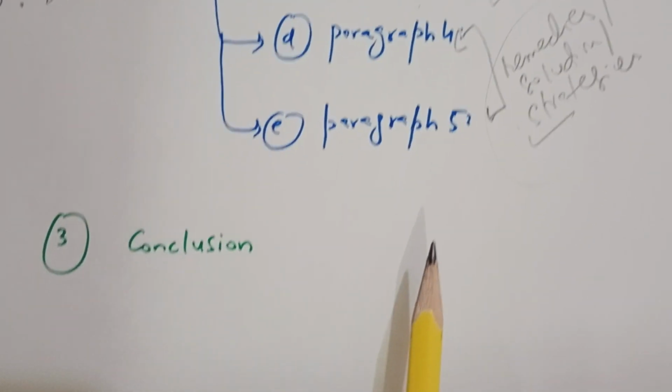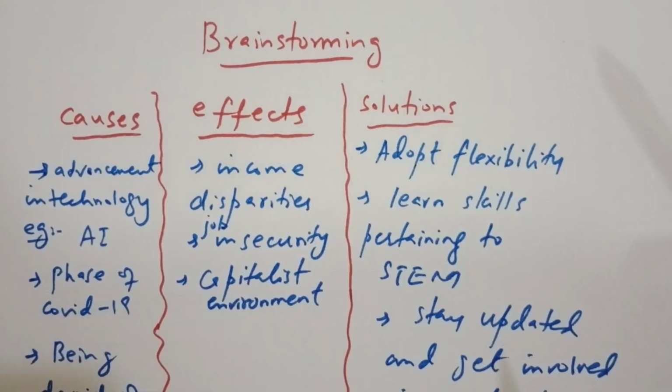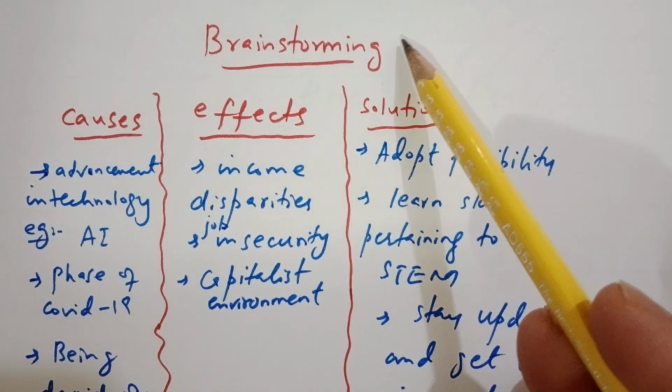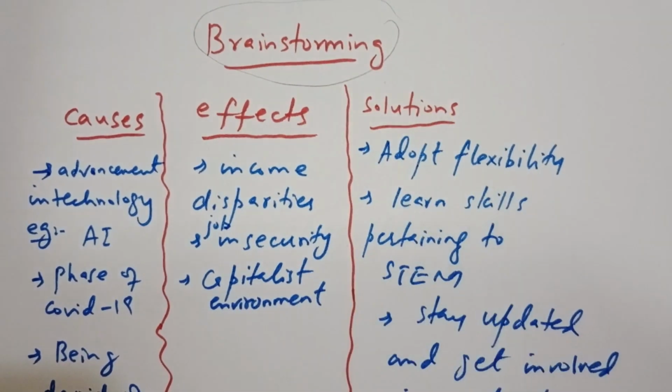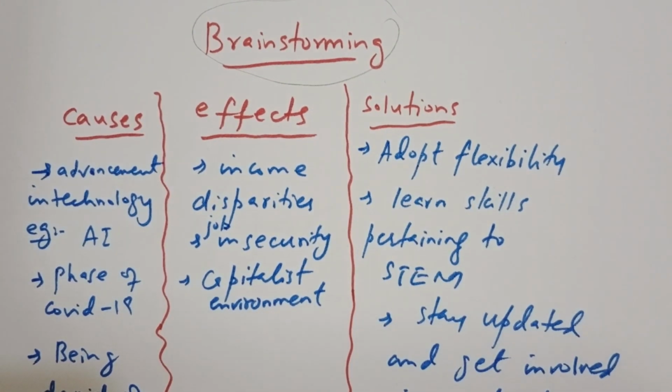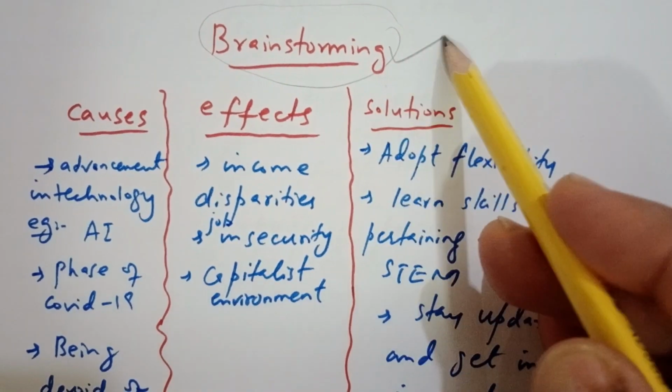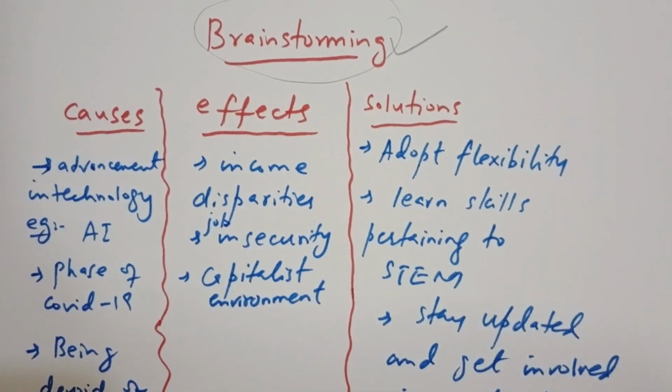And the last part is the conclusion. As I always suggest for your IELTS exam, do brainstorm your topic before writing your IELTS writing task 2 in the real exam. First brainstorm the topic and then start writing, because it gives you the rough sketch.